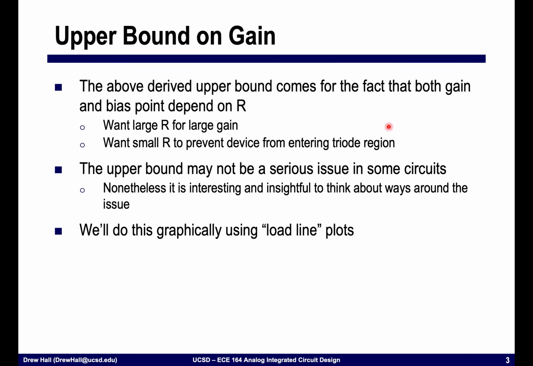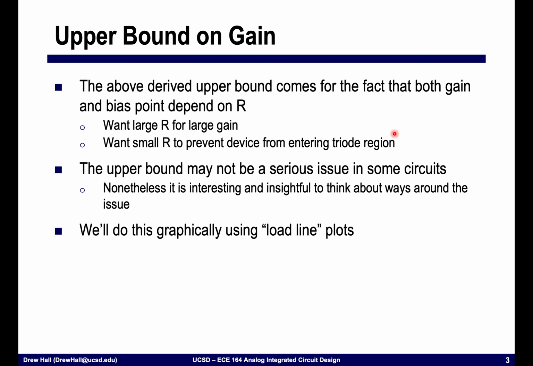So clearly it's impossible to satisfy both of them simultaneously. Whether or not this is really a big problem depends on the circuit, of course, and how we're trying to use it. But I use this as more of a thought experiment of how we would approach this and what some upper bounds are.